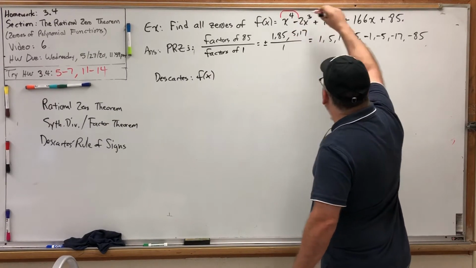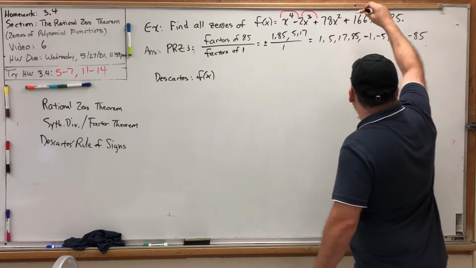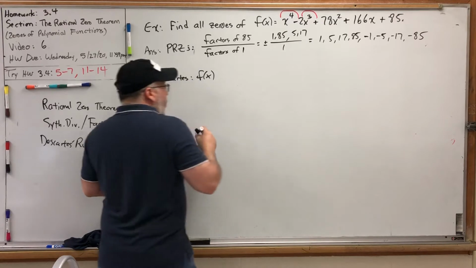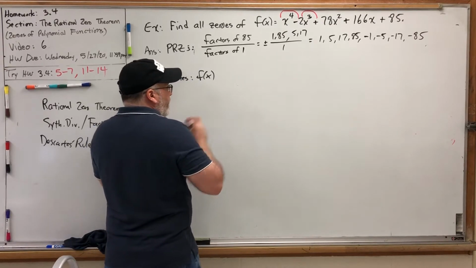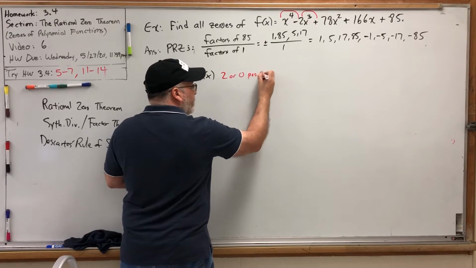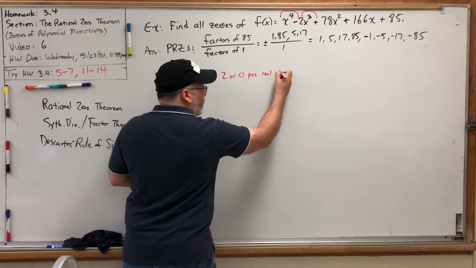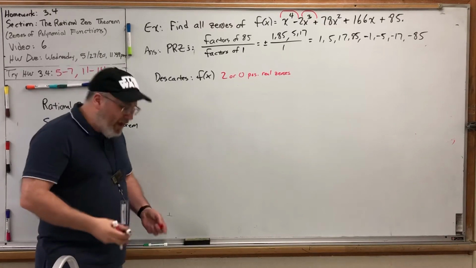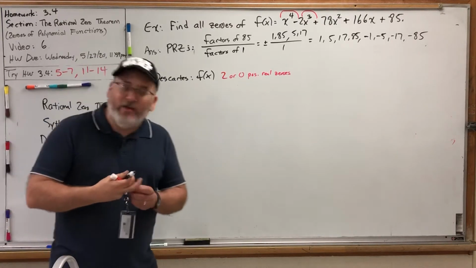There's 1, there's 2, and that's it. So, in the original function, there are only 2 sign changes, which means there are 2 or 0 positive real zeros.